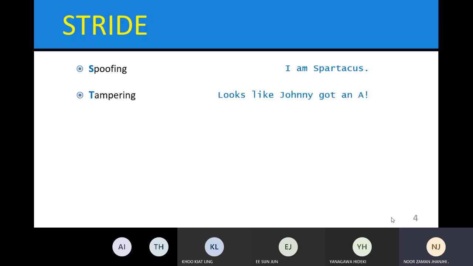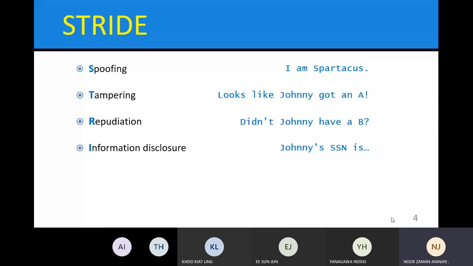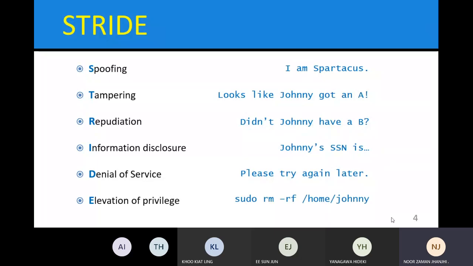T stands for tampering. R stands for repudiation. I stands for information disclosure. D stands for denial of service. And finally, E stands for elevation of privileges.